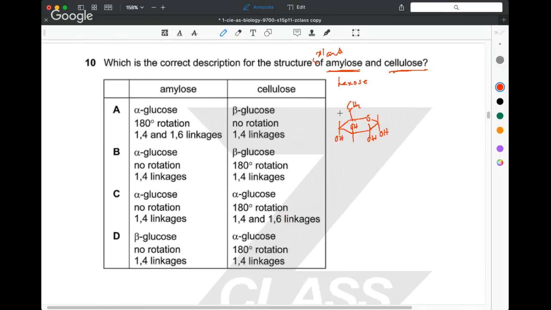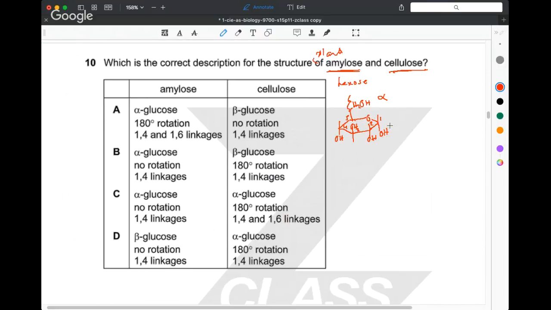And then up here, on carbon number 6, you've got another OH group, another alcohol group as well. So counting round, this was carbon 1, 2, 3, 4, 5, and carbon 6. And because the OH group is pointing down there in that direction, this is now alpha glucose.